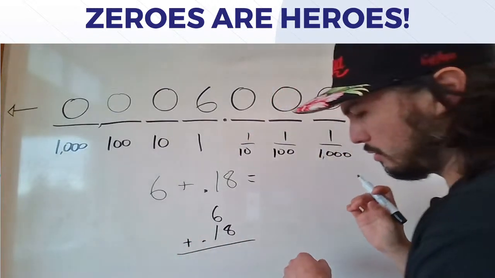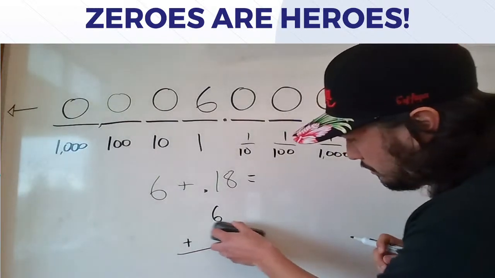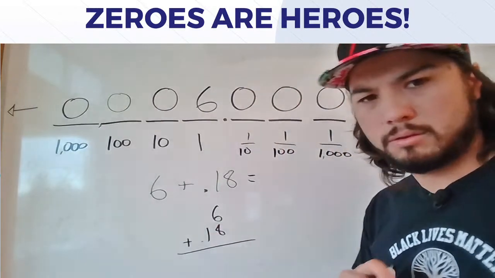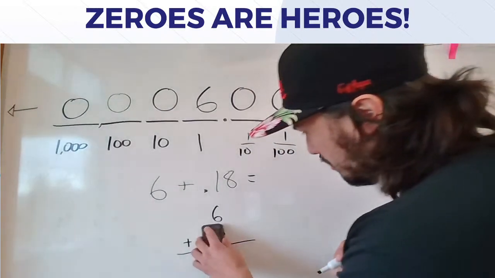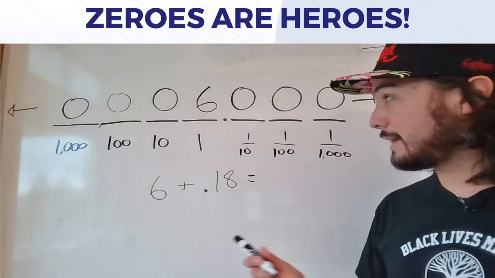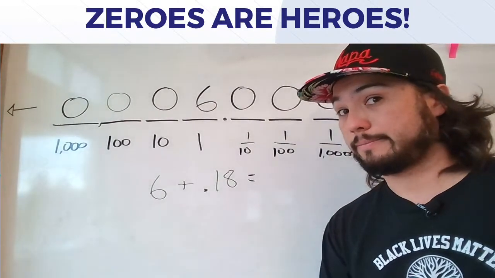Do I put it here? Where do I put it, right? So this is where it comes back to, we always have to know where that decimal place is, okay?